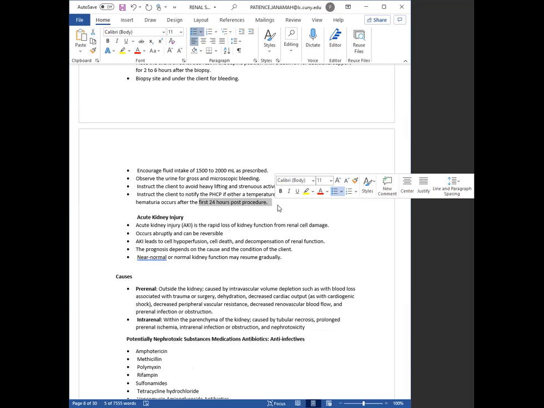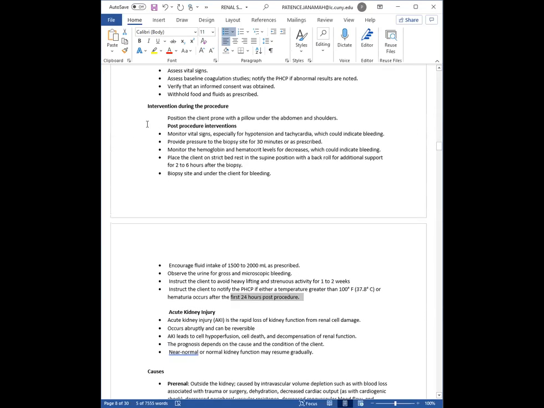After you have had a kidney biopsy, they cut a portion of your kidney. So within the 24 hours, we don't want blood in your urine. If you have it, you have to report it. That's part of your teaching. So your post-procedure interventions will involve a lot of teaching, a lot of things to note. You don't want the patient to develop a fever within this time. So a temperature that is above 100, tell them to report it.